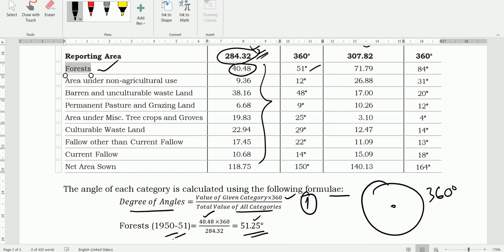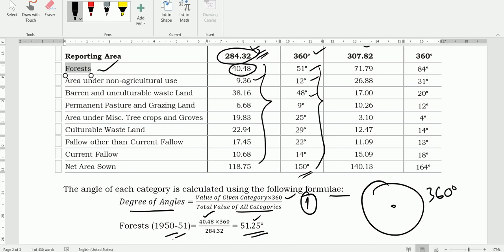So likewise for the non-agricultural area and non-agricultural use also you may calculate it. Okay, and in this way, the total of these angles should be 360 degrees. So you have to adjust each other.